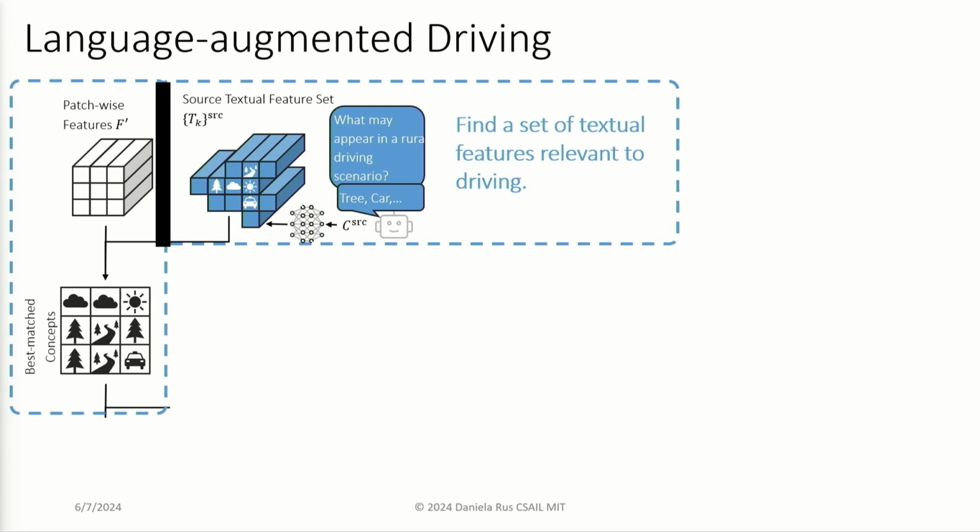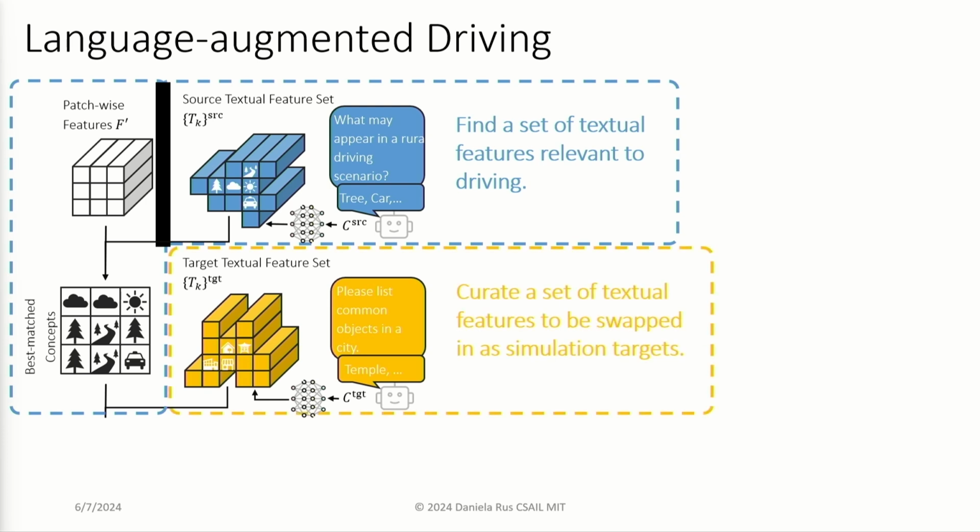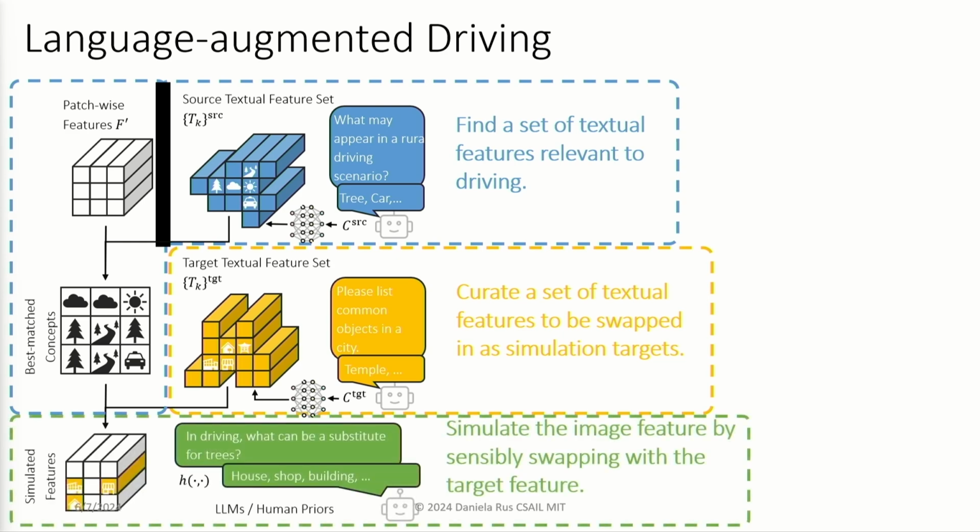First, we find a set of textual features that are relevant to driving. Then we curate textual features that can be swapped with visual features. And finally, we have the ability to stimulate image features by sensibly swapping in textual features. So what this means is that I can train my autonomous vehicle to avoid deer.